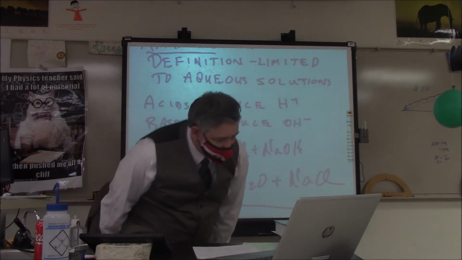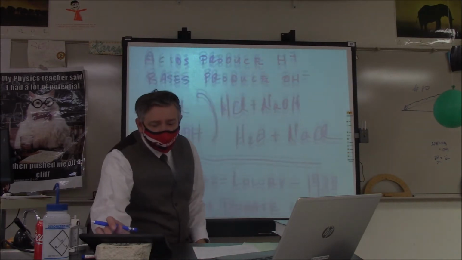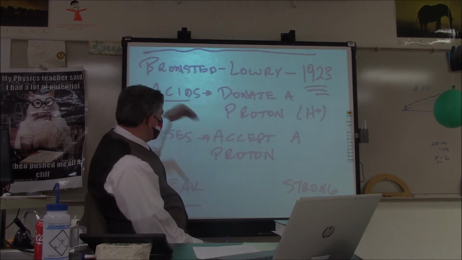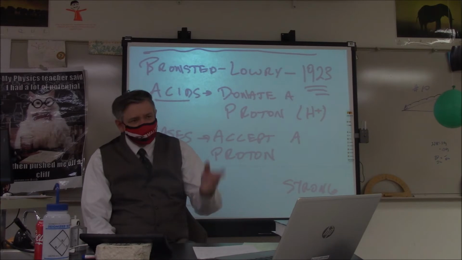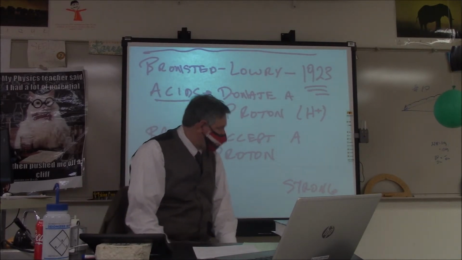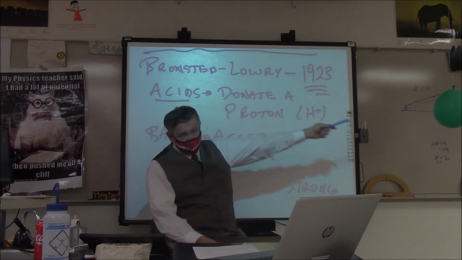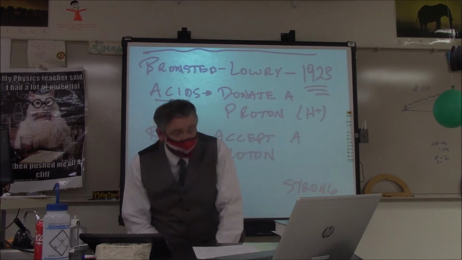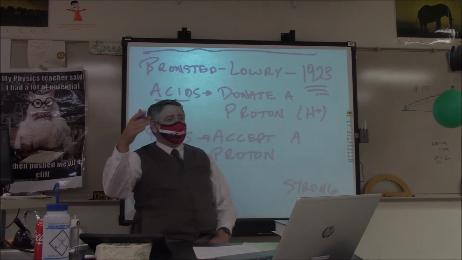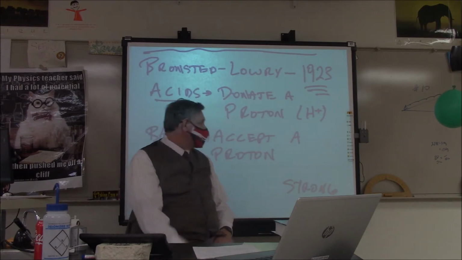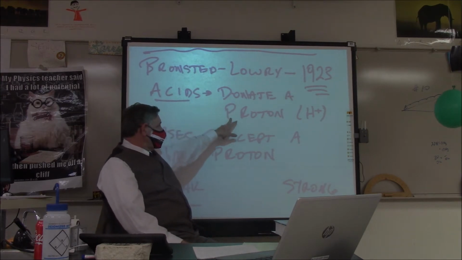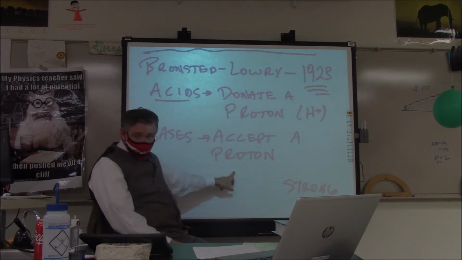Now, the more advanced one is the Bronsted-Lowry definition. Here's the significance in terms of when this came out. It didn't come out until 1923, so less than 100 years ago. An acid donates a proton and bases accept a proton.